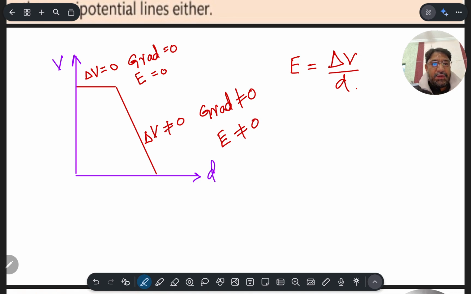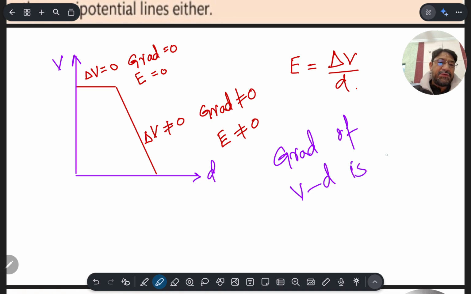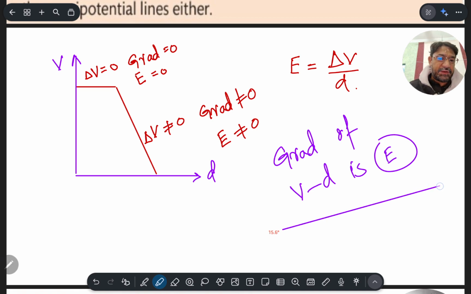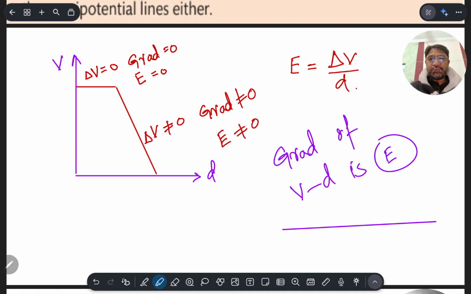So you must consider that the gradient of V against D is your electric field strength. Sometimes we have some sort of graph in charged spheres. I will discuss that in detail, but I believe it is clear to you, so I'm moving on to my next page.